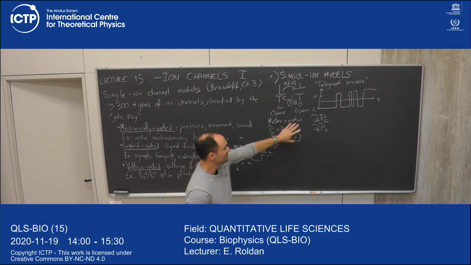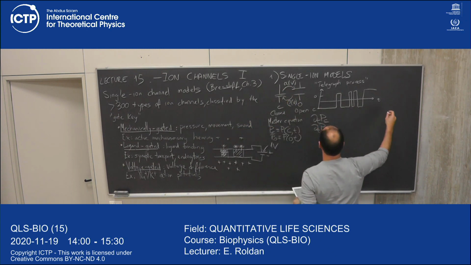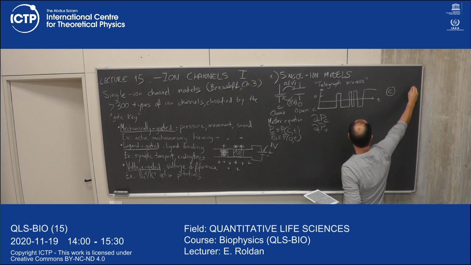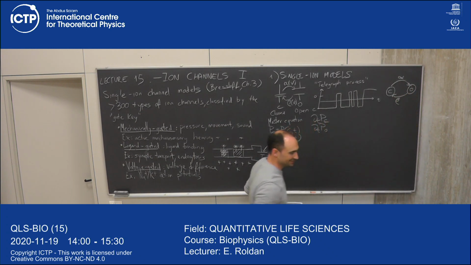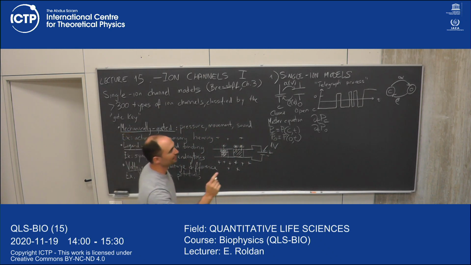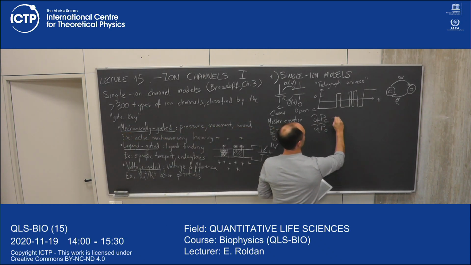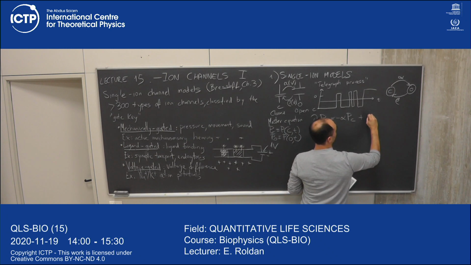So you have to think about this like there is a C, there is an O, and there are rates alpha and beta. That's this minimal model. So in the master equation, I lose probability from C with rate alpha, and I gain probability from O with rate beta.